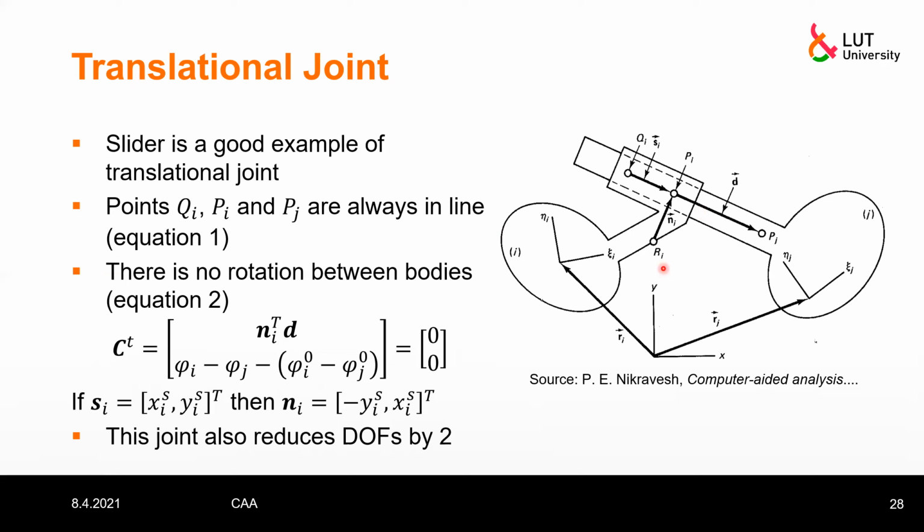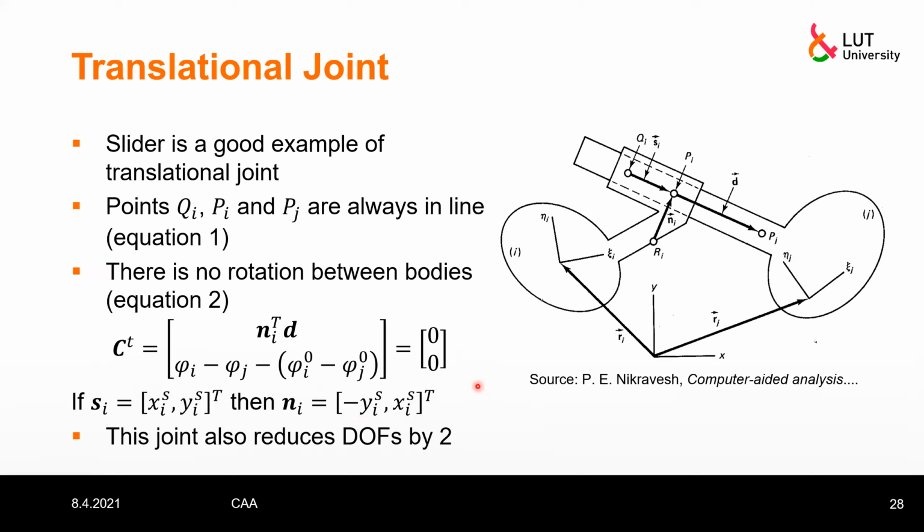So in practice we require that those two vectors always give 0. And how do we find the n vector? Simply, if we define the S vector using points Qi and Pi, we find a perpendicular vector by switching the components and putting a minus on one of them. It doesn't matter on which, it is just important that it is perpendicular.